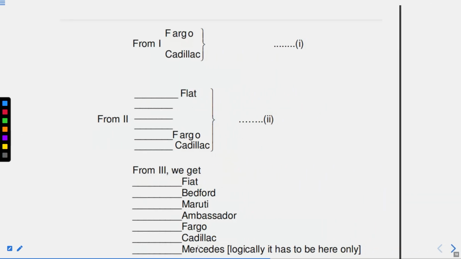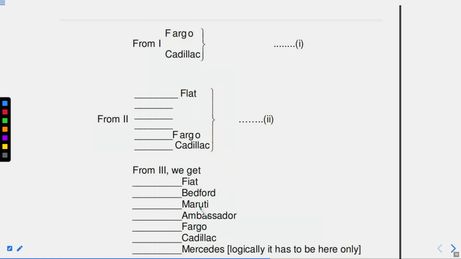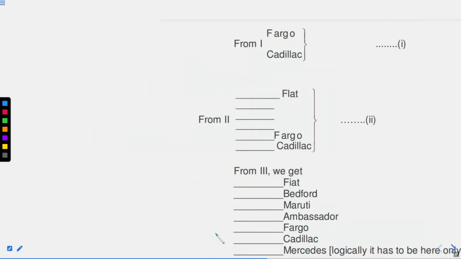So here is Mercedes. Actually, Mercedes is immediate right to Cadillac. Immediate right to Cadillac. And here is Maruti. So fourth right to Maruti is Ambassador, Farrago, Cadillac and Mercedes. So Mercedes is either fourth right to Maruti or immediate right to Cadillac, right?